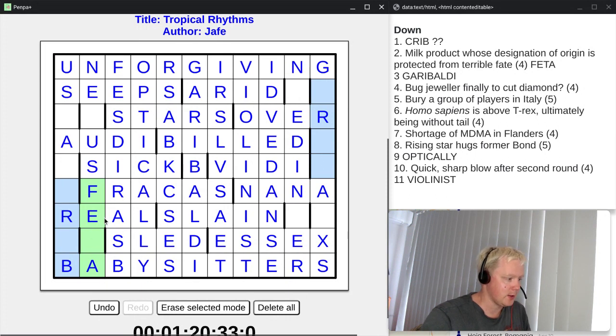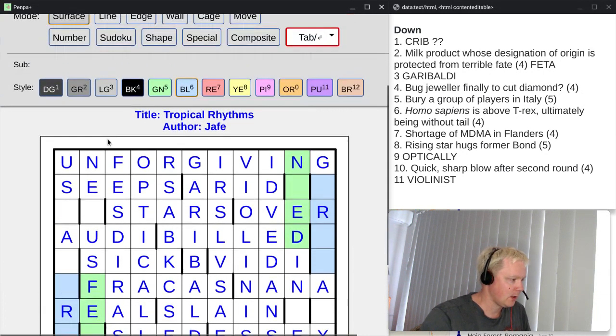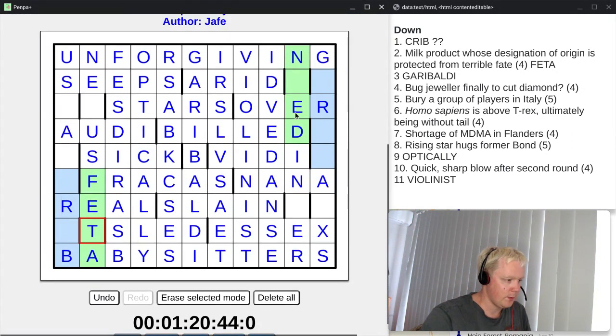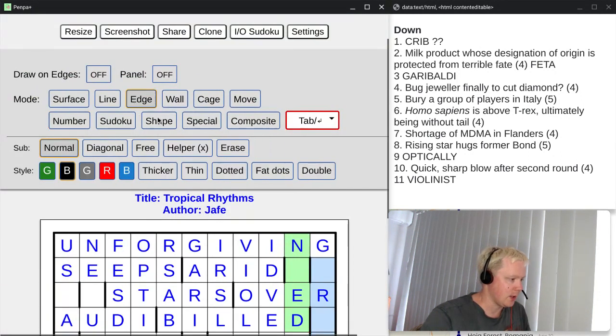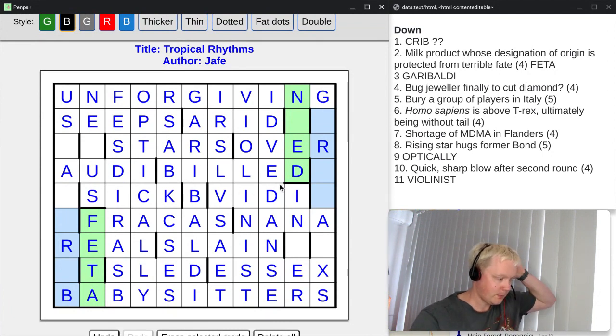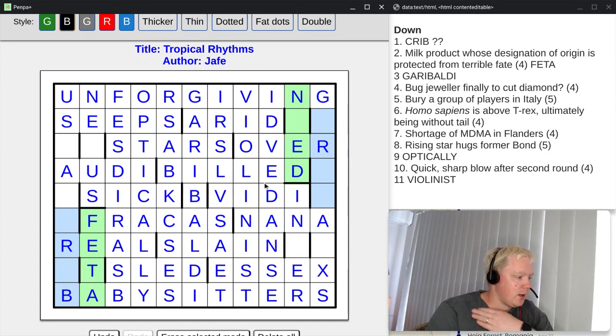So feta in fact is there, and we have another answer symmetrically here. So feta goes there. We don't know what that is, but we can sort of guess, because it's going to be n something ed. Not many options there. We can mark some dividers here. And yeah, let's look at what we get.